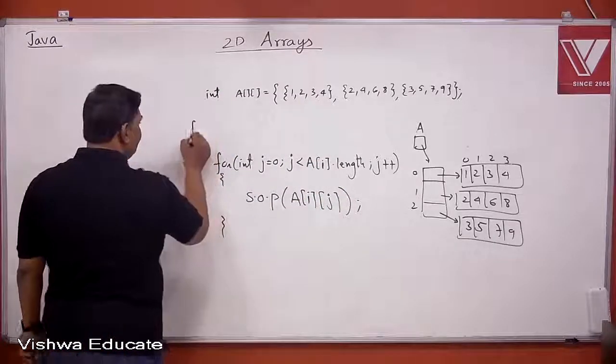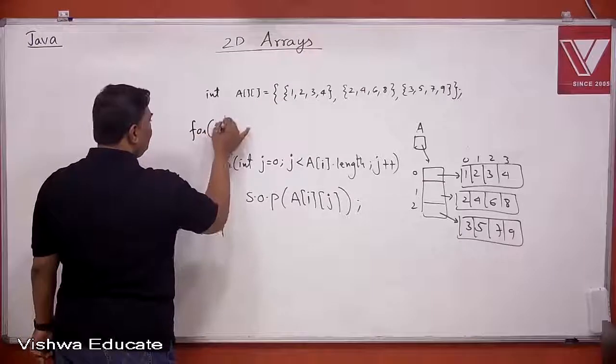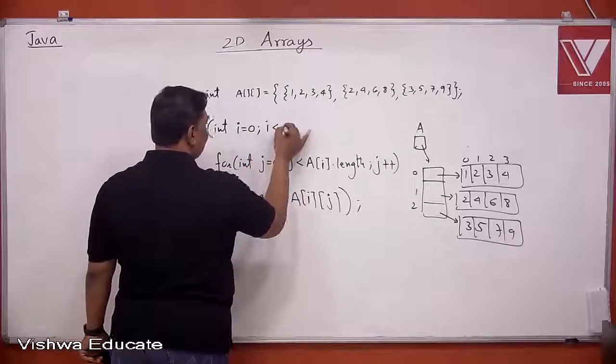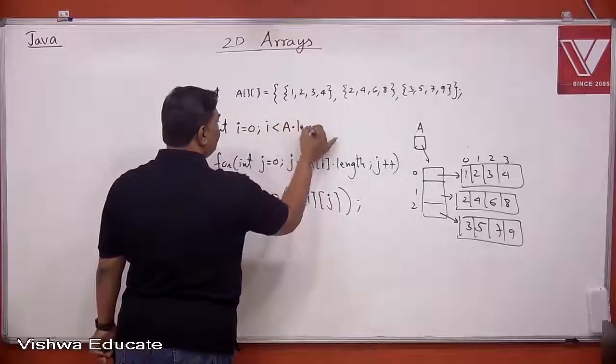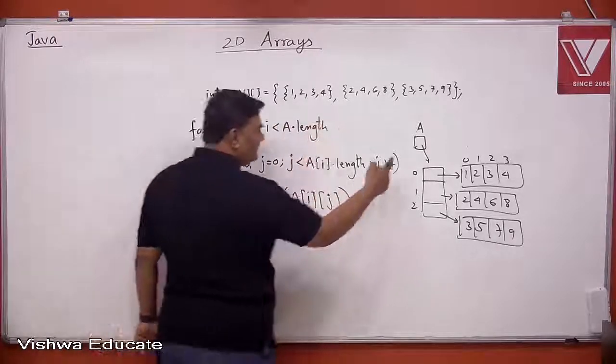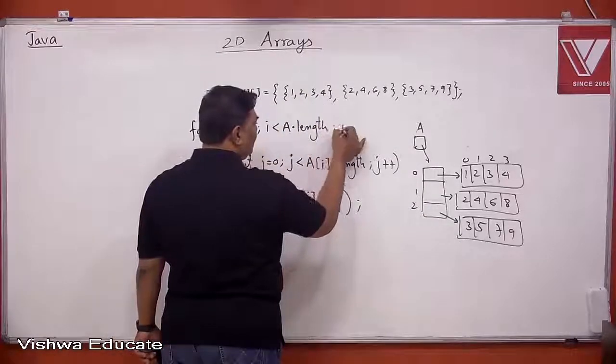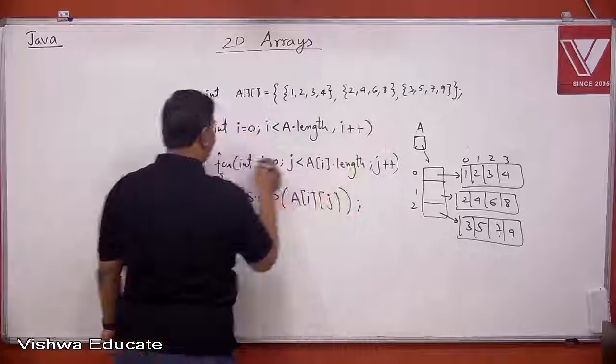For this, I can write for integer i assign 0, i is less than a dot length. So what is a dot length? Length of this one, 3. So i plus plus.